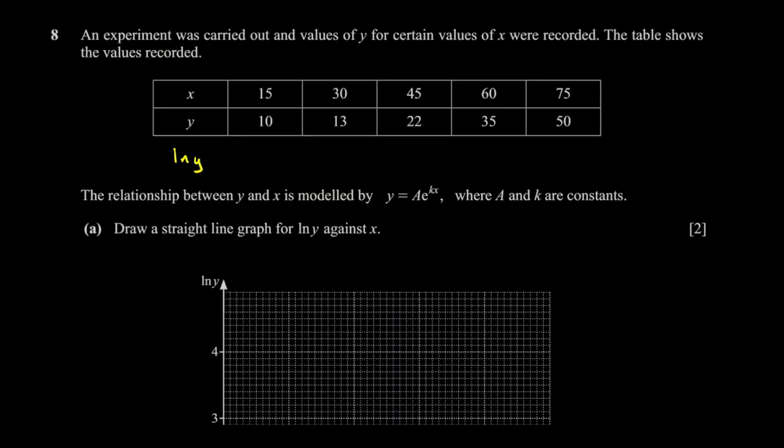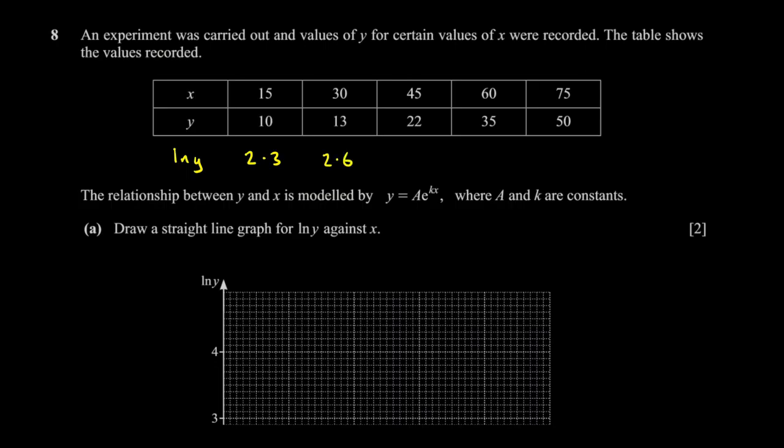So let's do that. Get our calculators out. So we need to do ln 10, 2.30. To be honest, 1 decimal place is enough really for the graph. Ln 13, 2.56, so okay, 2.6.